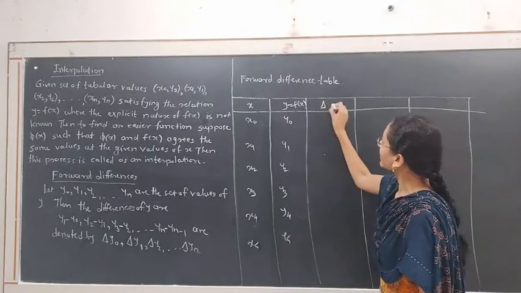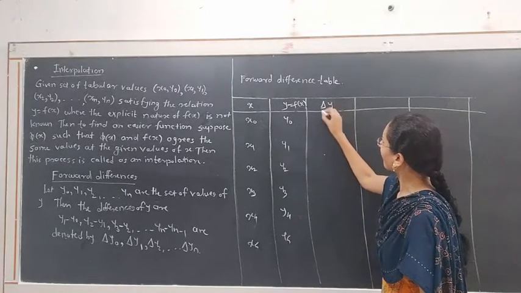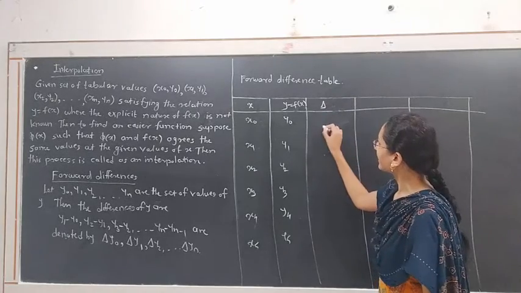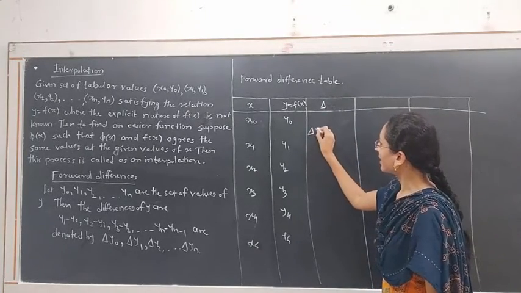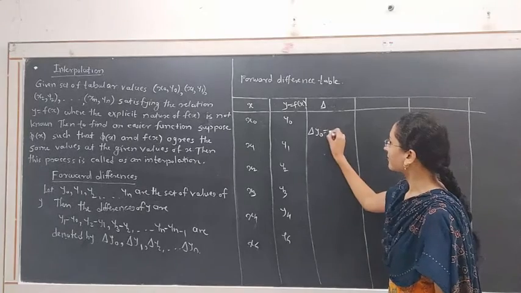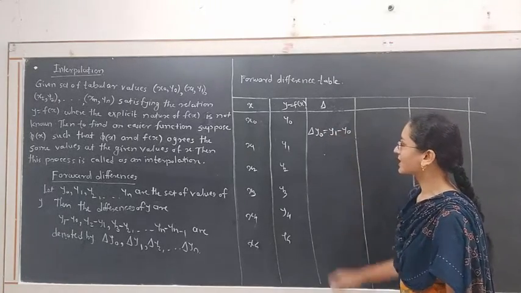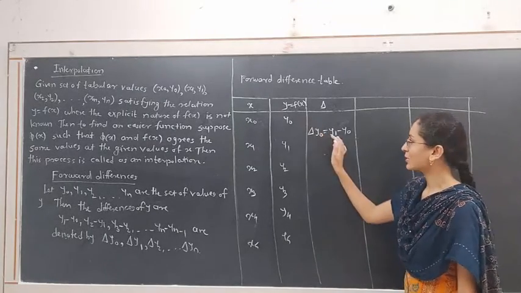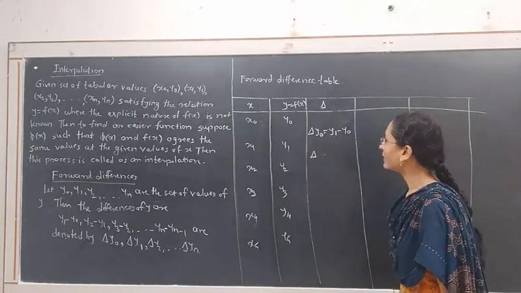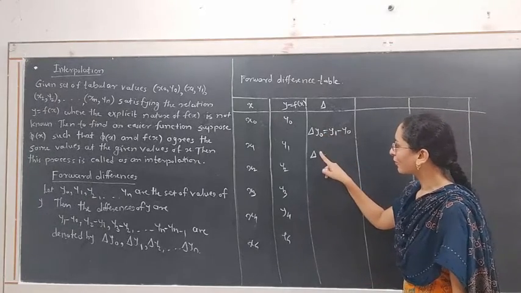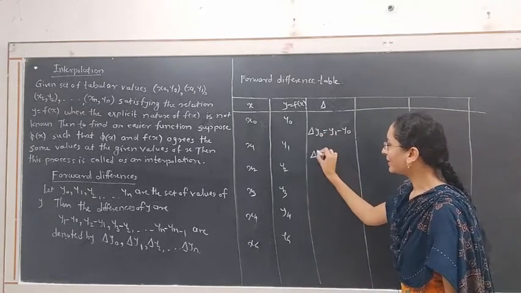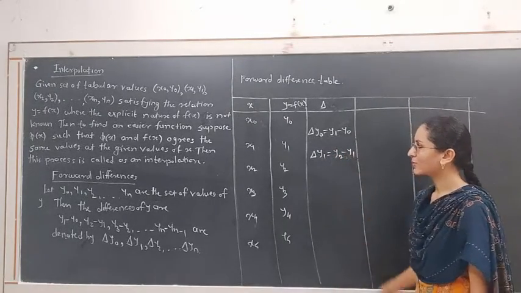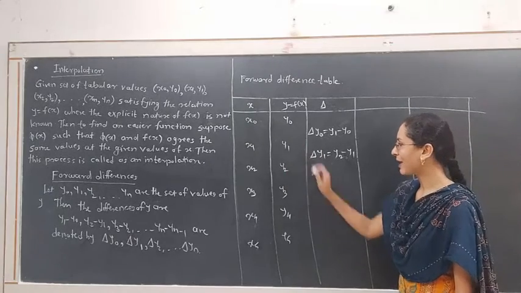The first forward difference delta is given by del y0 is equal to y1 minus y0, the difference between these two values of y. Here we will get the first forward difference at the point y1 is equal to y2 minus y1, because in the previous column we know the values of y2 and y1.